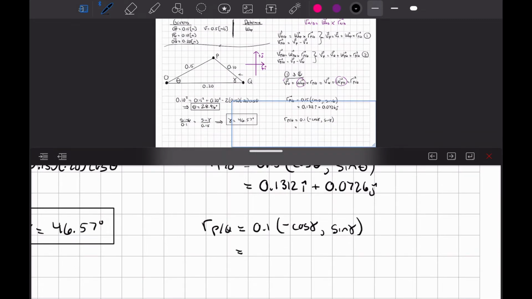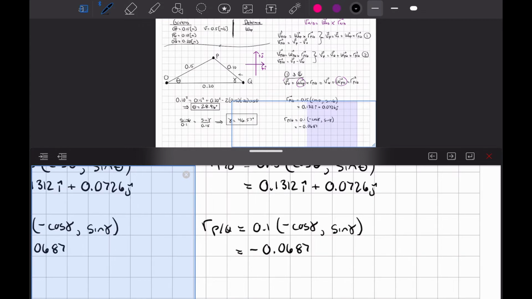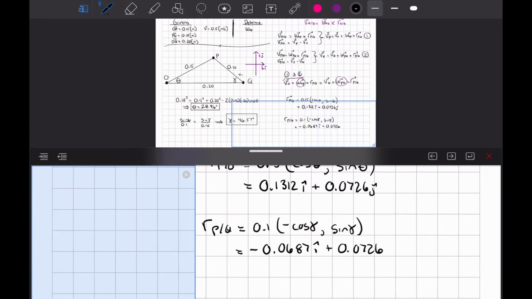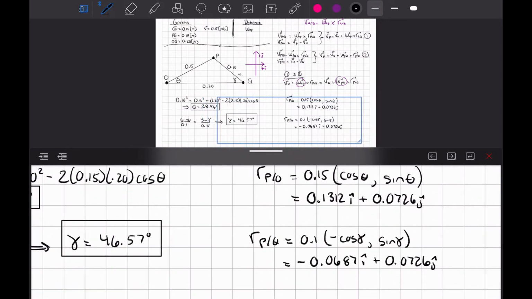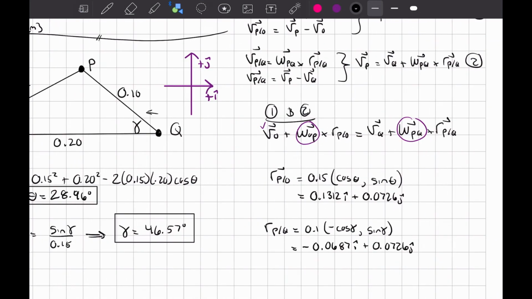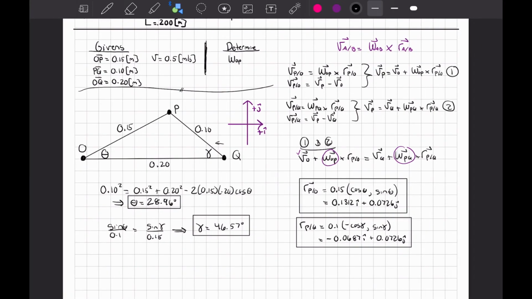And then we will see that that comes out to be negative 0.0687 i hat plus 0.0726 j hat. Okay? I'll box up these solutions just so we have them for future reference, and then we'll go ahead and start populating our overall equation.